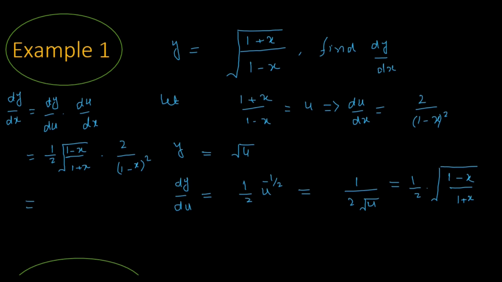After simplifying, we will get 1 over the square root of (1 plus x), times (1 minus x) to the power 3 by 2.